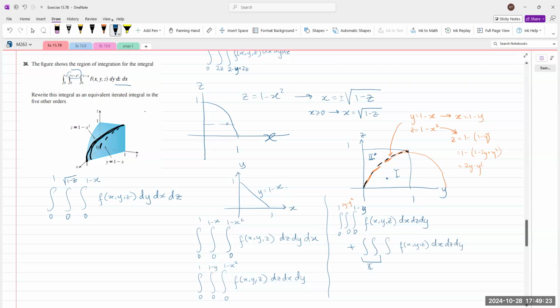If I start from the ground, I will go out from 1 minus x squared, the cylinder. The y will be from 0 to 1, and the z will be from 2y minus y squared up to 1.